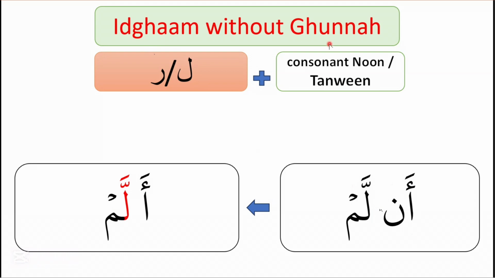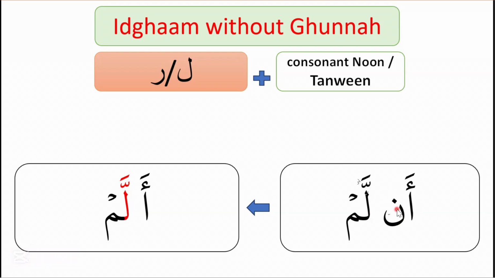So idgham without ghunnah. Idgham means putting one sound in the following sound. So I will put the sound of the letter noon in the side of the following letter, and I will pronounce the following letter twice. I will delete the noon because I already inserted it in the following letter.